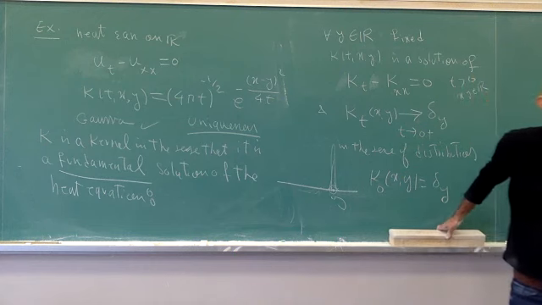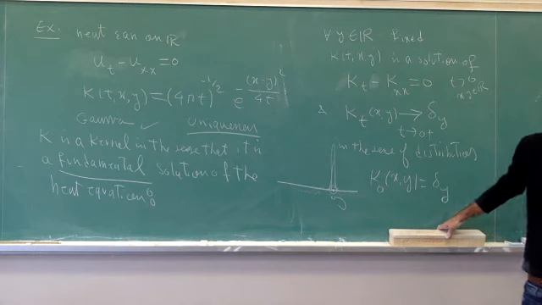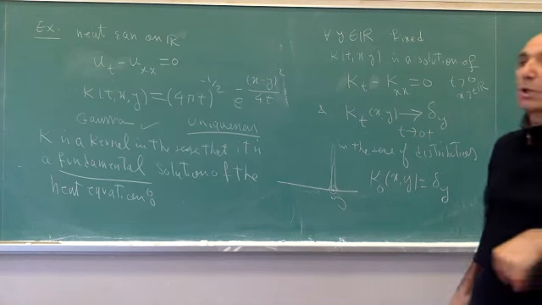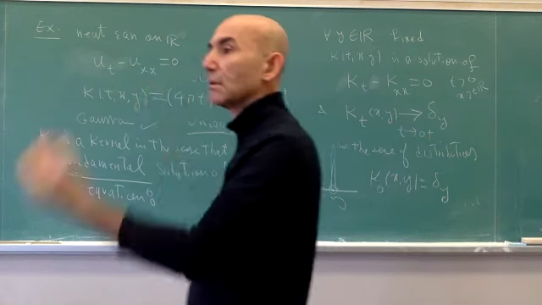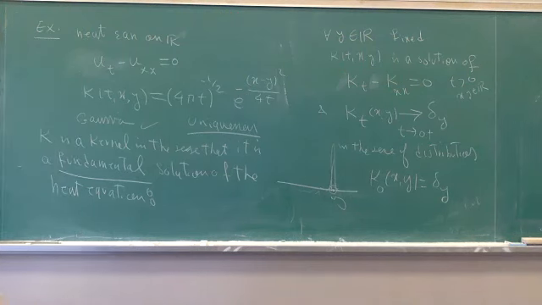Now, in the last 5 minutes, I'm going to give you the exact equation for the heat kernel on the circle. The circle is compact, so we can relate it to what we know from eigenfunctions of Laplacians.